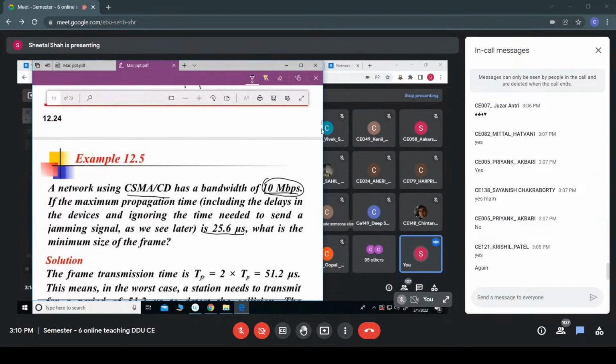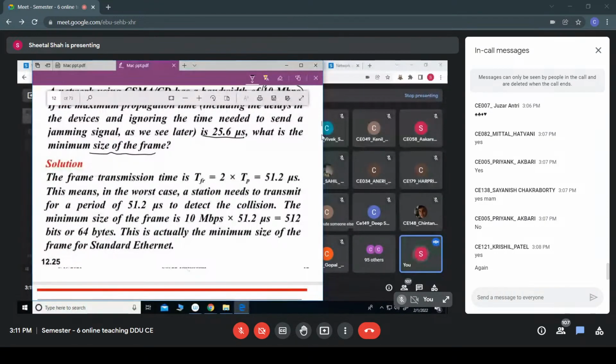So what should be the minimum frame size? As we know, it should be twice the propagation time. So we have to find out what can be the minimum frame size.